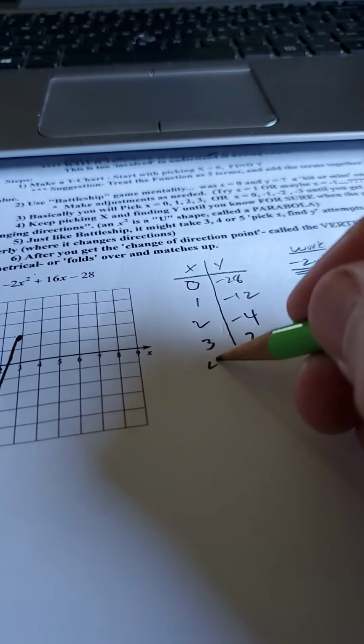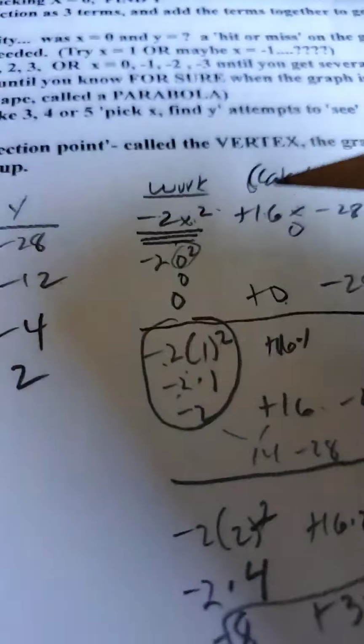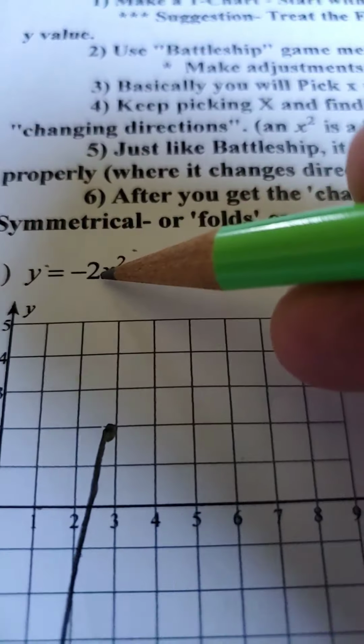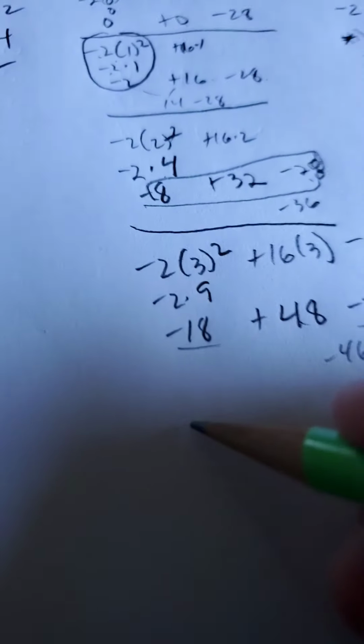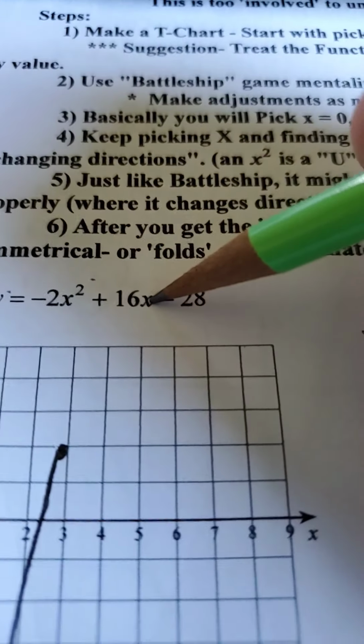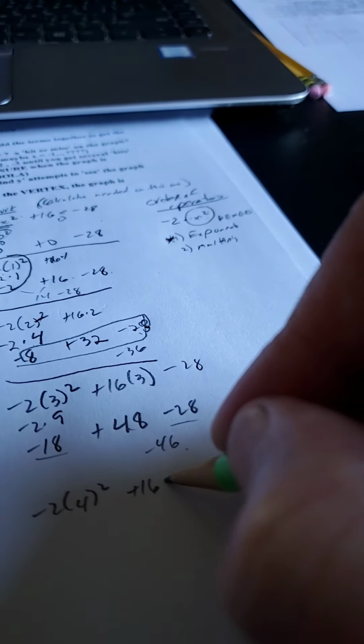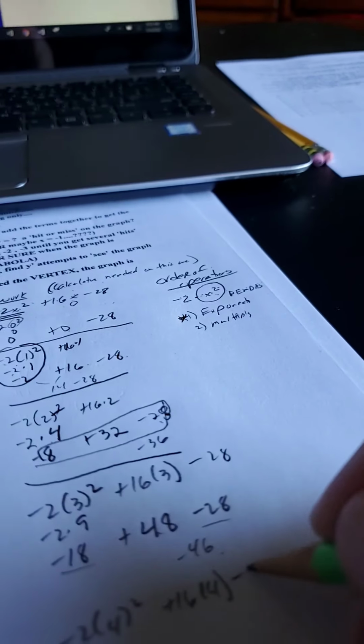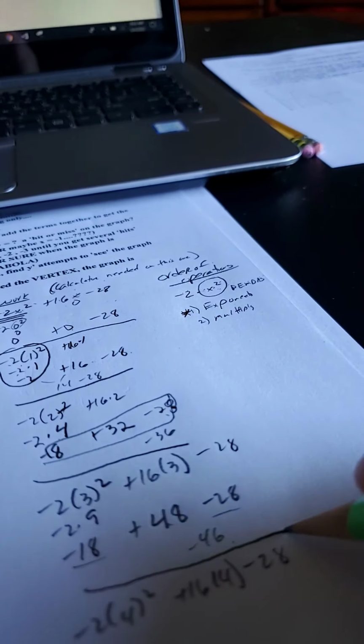I'm going to plug in a 4 and see what happens. Put a 4 in for x. That gives me negative 2 times 4 squared. Put a 4 in for x. That's 16 times 4. And then don't forget my minus 28. Square first and get 16.